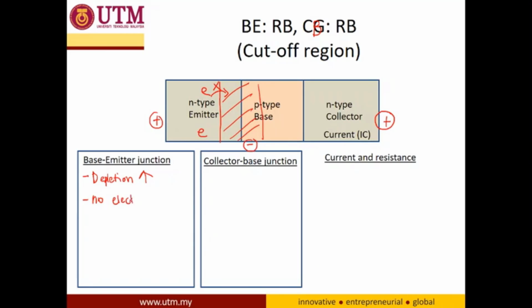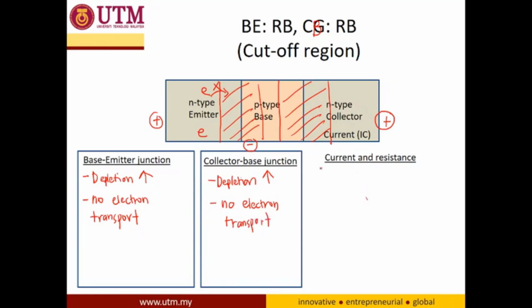There is no electron transport, so there is no electron from emitter to base. For the collector base junction, since it is also reverse biased, the depletion region also increases, and the same, no electron transport.